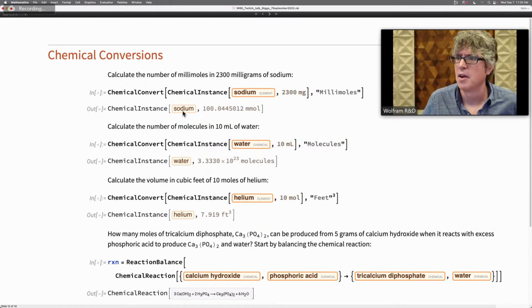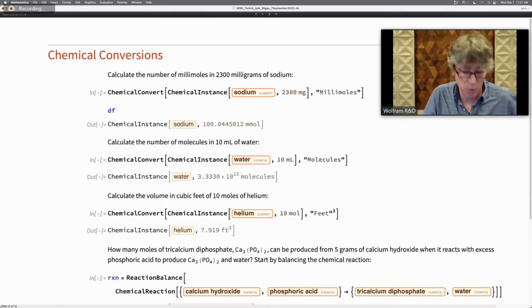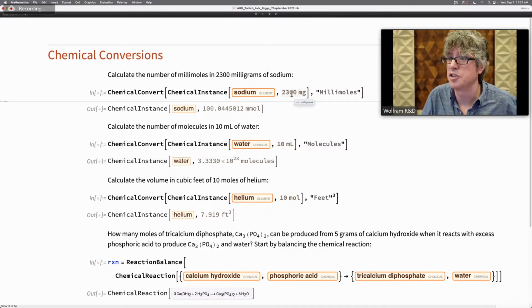Yeah. Okay, so starting in version 13.1, we introduced a couple of functions to facilitate chemical conversion. These are things that we have provided in Wolfram Alpha for a very long time. You've been able to type into Wolfram Alpha convert 2,300 milligrams of sodium to millimoles. Well, now we have the ability to do that in the language.